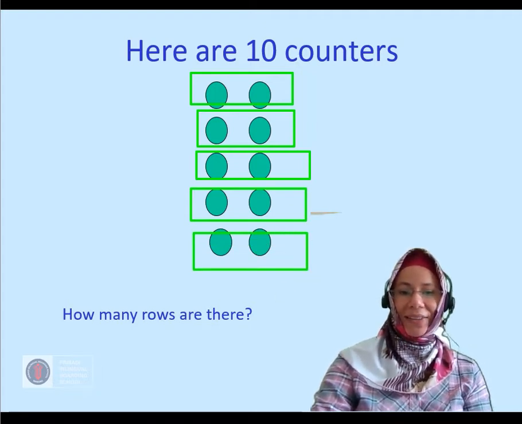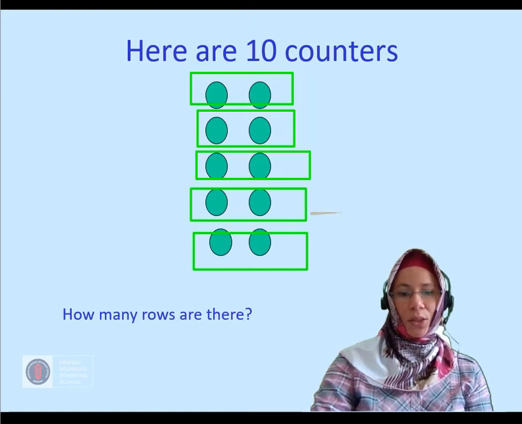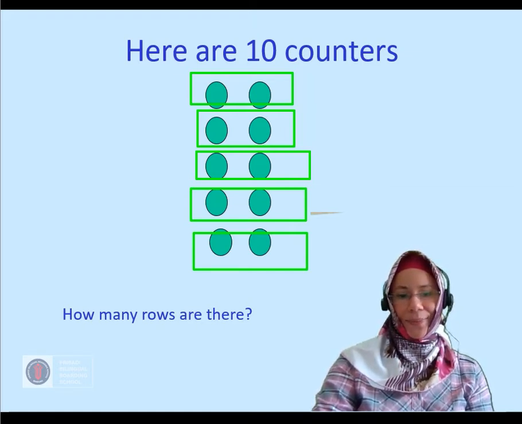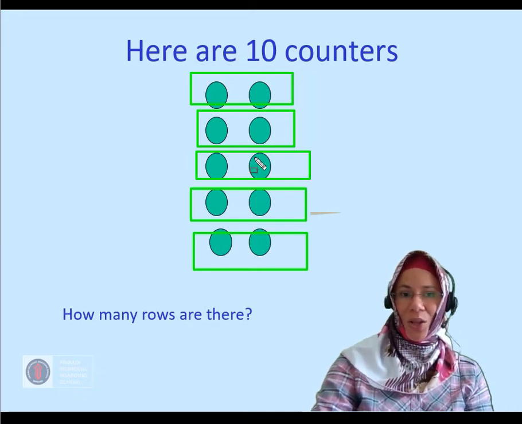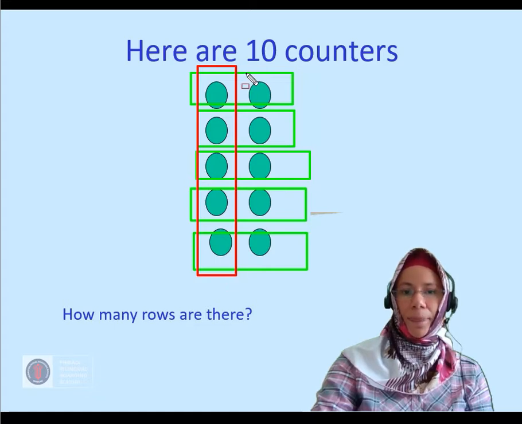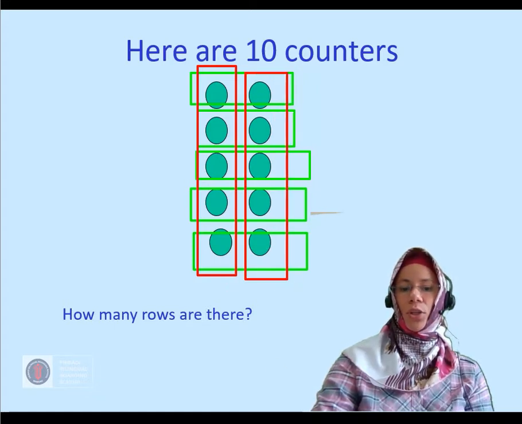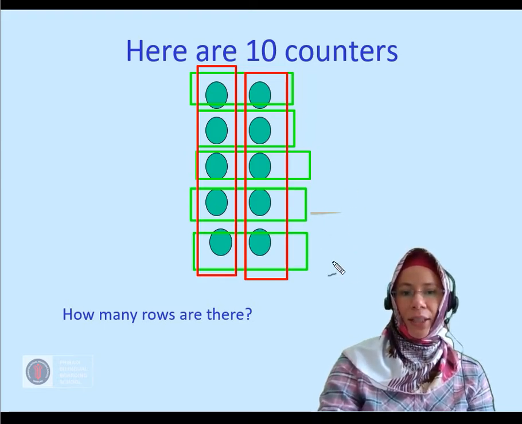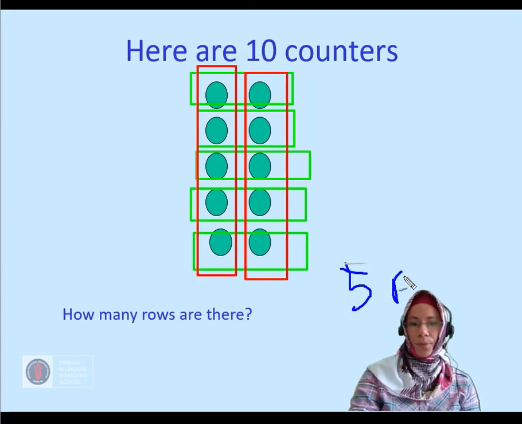So we have 5 rows. So how many columns are there? How many columns? Up to down. Let's do it together. 1, 2. So we have 5 rows and 2 columns.